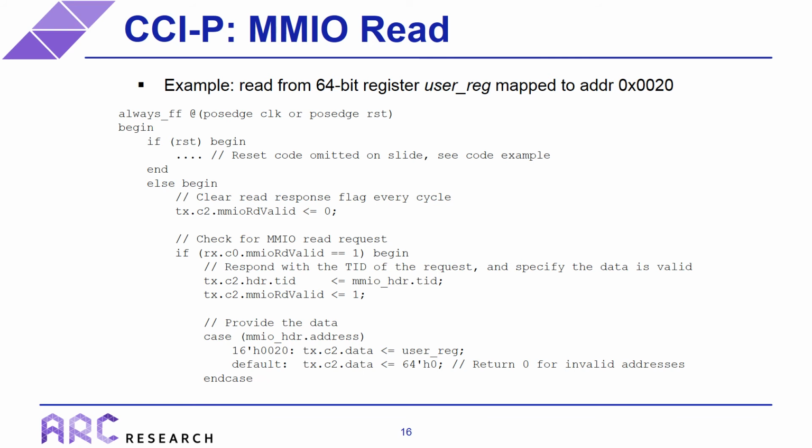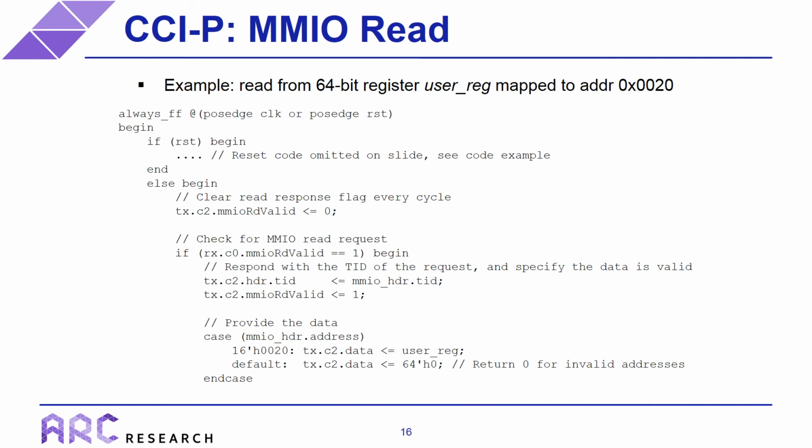We go through the possible values that have been mapped to the FPGA's memory address space. And when it's 0020, we basically assign the data port of channel 2 on the transmit port to the value that is stored in the user register. And all of those assignments take one cycle. They're basically implemented as registers, so it's a 1 cycle delay.